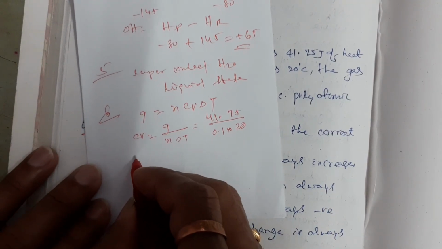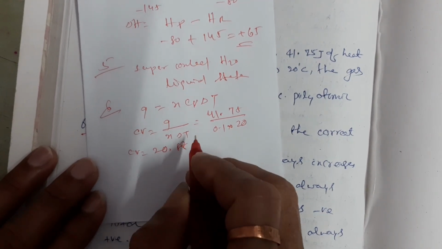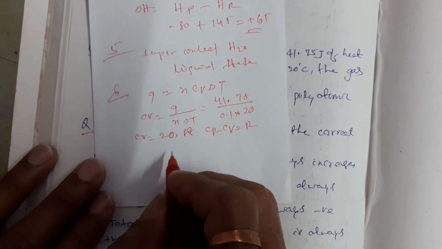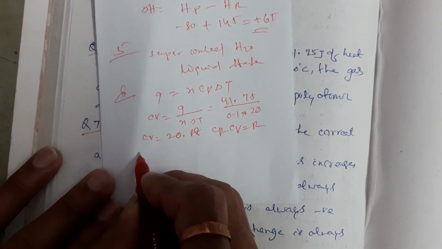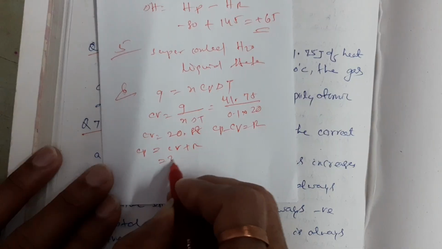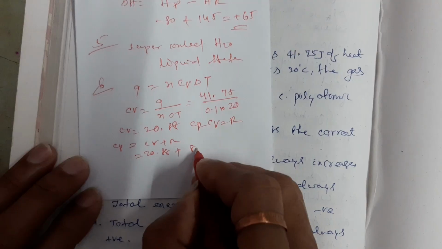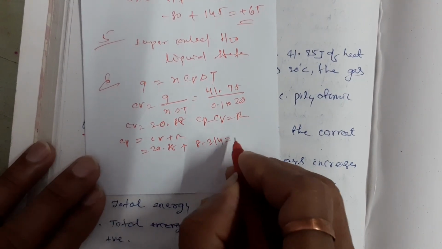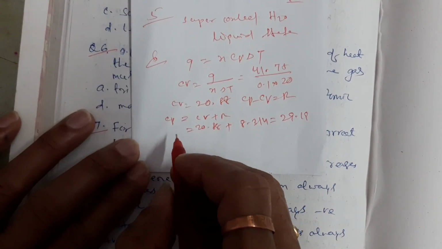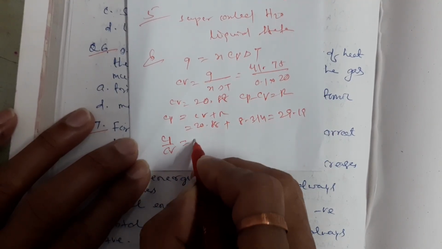Okay, so you will get Cv as 20.88. We know Cp minus Cv is equal to R. Here Cv is given, so Cp is equal to Cv plus R. Cv is 20.88 and R is 8.314, so the result is 29.19. So Cp by Cv, that is 29.19 divided by 20.88, you will get 1.4.